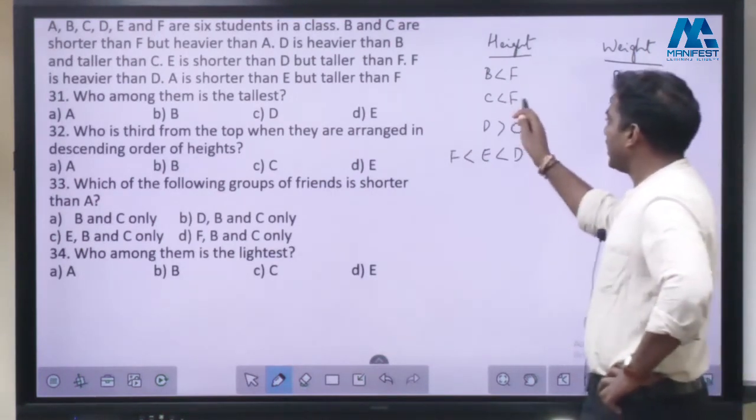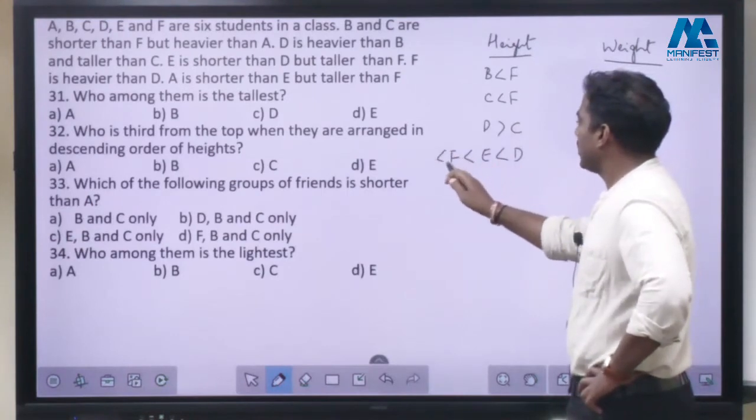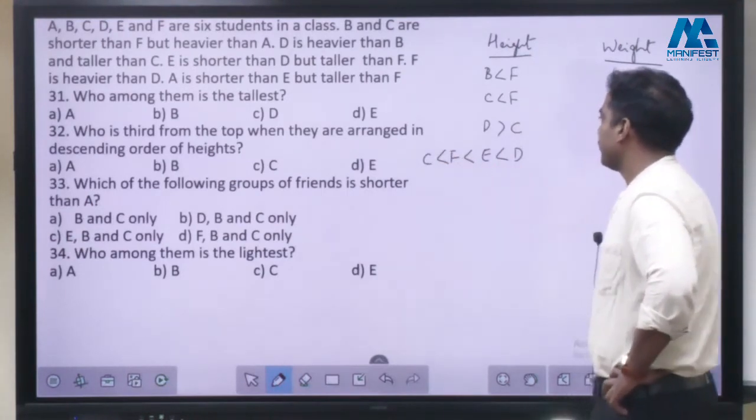So when I write here like this, I can write C here.